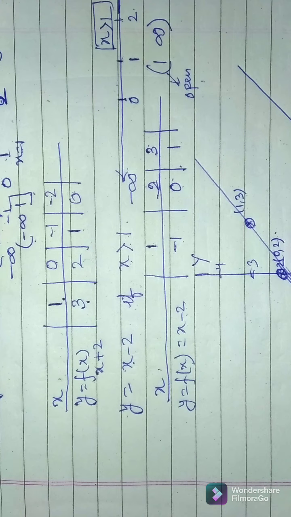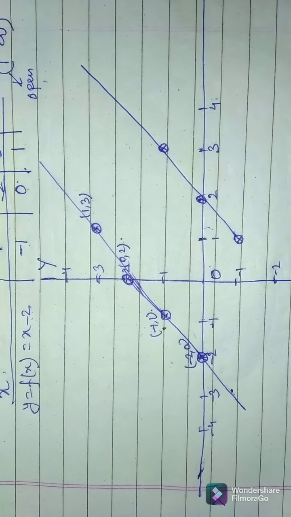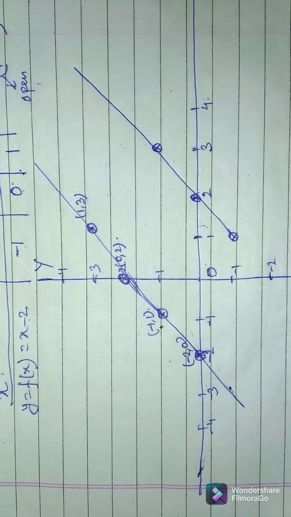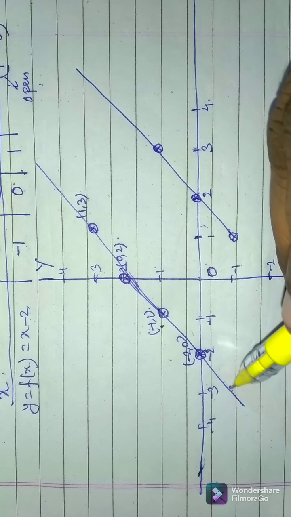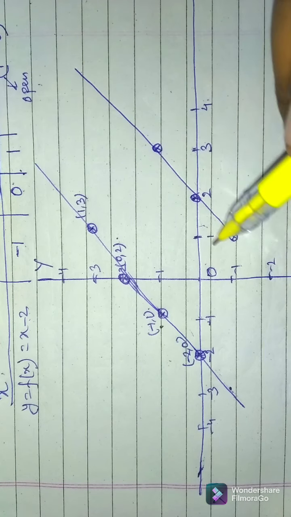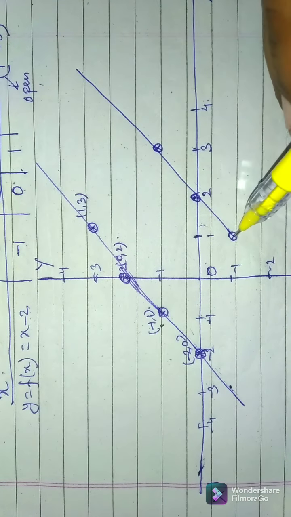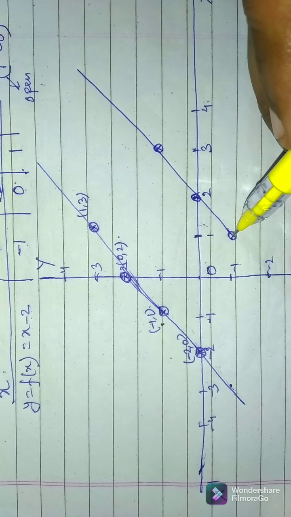So see, if we have to draw this graph of the given conditions, then we have to lift the pen here.